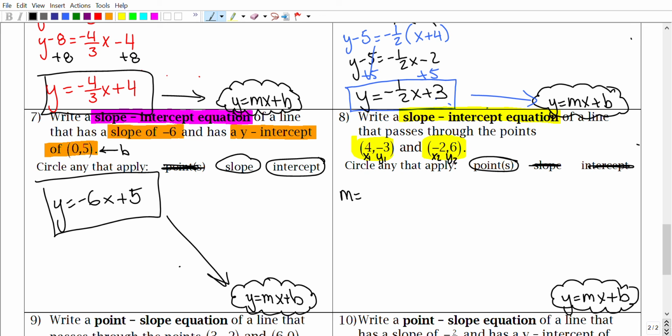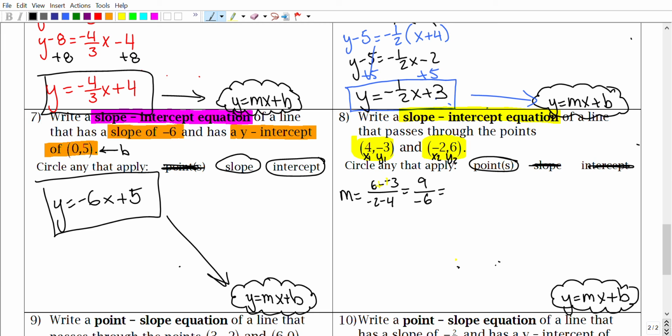So it's 6 minus a -3 over -2 minus 4. Well, minus a negative is the same thing as adding. The opposite of a negative is a positive. So it's 6 plus 3, which is 9, over -2 minus 4, which is -6.